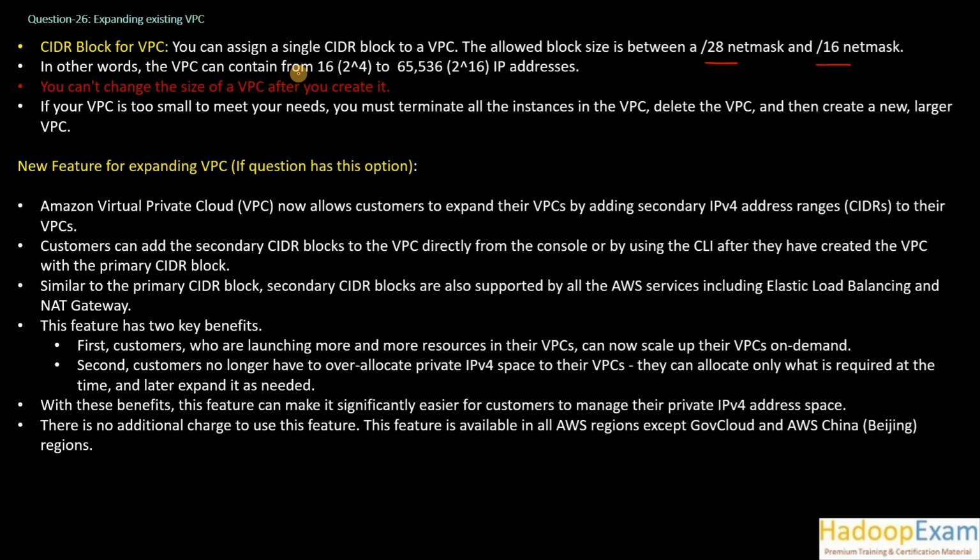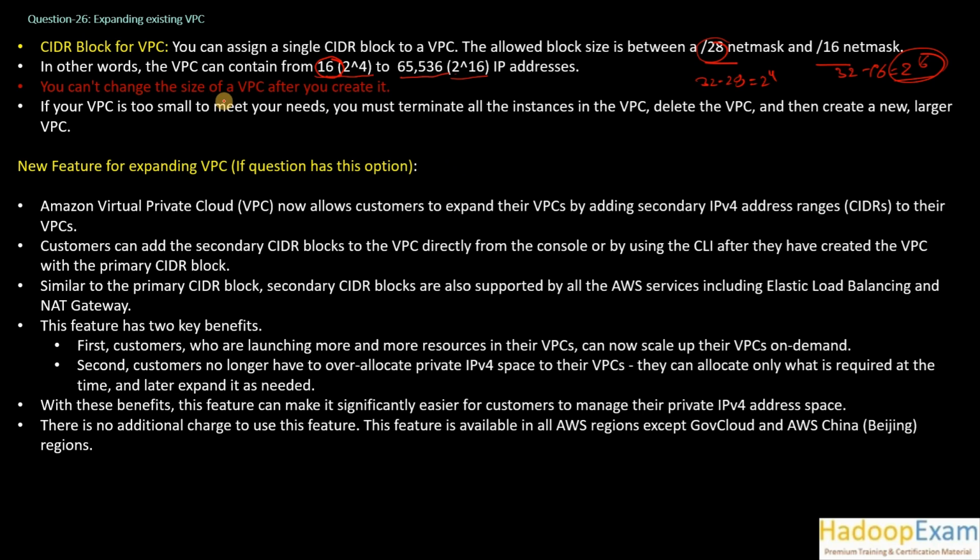In other words, a VPC can be of minimum size 2 raised to power 4 and maximum 2 raised to power 16, calculated as 32 minus 28 and 32 minus 16. Based on this you can get 65,536 IP addresses at most, and 16 at the minimum. So you initially created with this configuration.